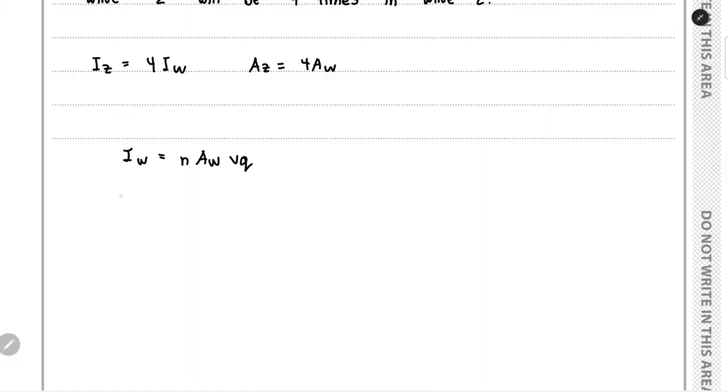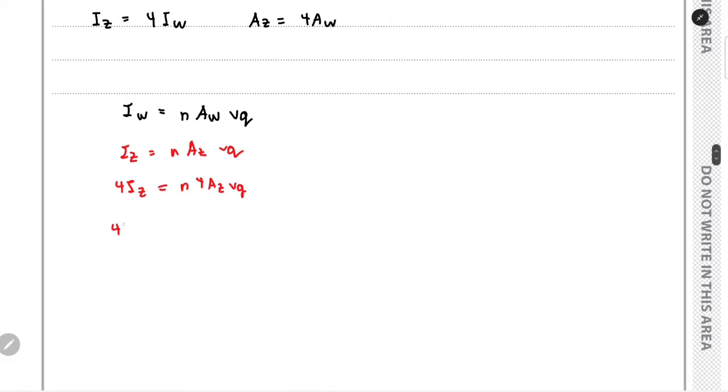Now for Z, this will be IZ equals NAZ VQ, which is 4IW equals 4AW VQ. Sorry, my bad.